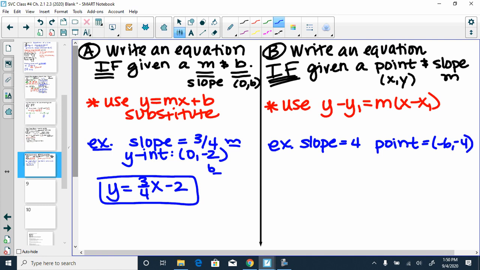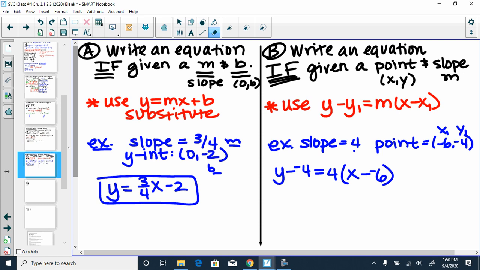As far as that, we're going to use the formula. So y minus the y over here, which is -4, equals the slope, which is 4, parenthesis x minus x1, or the point of the x. So again, I could label these x1, y1 over there. Typically, that's what you do.